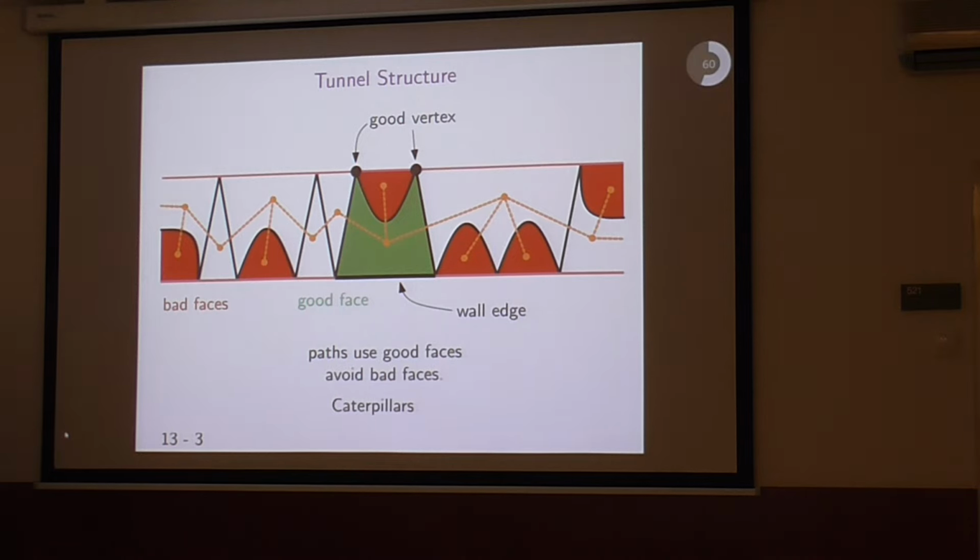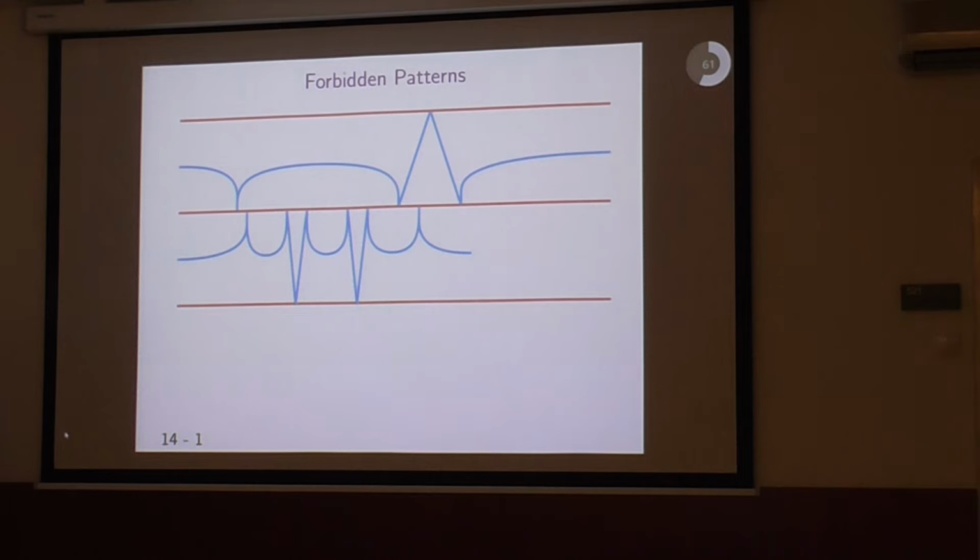And so to come to the title of the paper, those bad faces are the leaves or the legs of the caterpillar. So the whole tunnel forms a caterpillar, as can be easily observed.